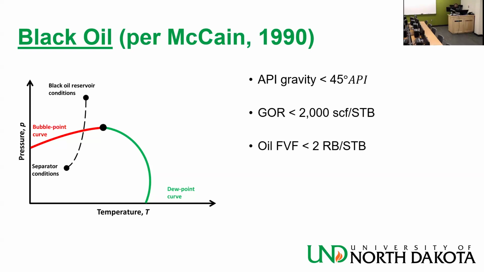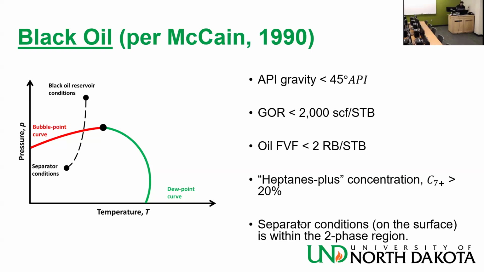One barrel of liquid from the reservoir is going to be only half when it comes up to the surface, because it's going to lose a lot of components. That's how you need to be thinking about formation volume factor. The heptanes plus concentration, often reported separately on its own, is bigger than 20%. So more than 20% of the fluid is made of heavy components, C7, C8, heptanes plus. And separator conditions on the surface have to deal with 2 phases.